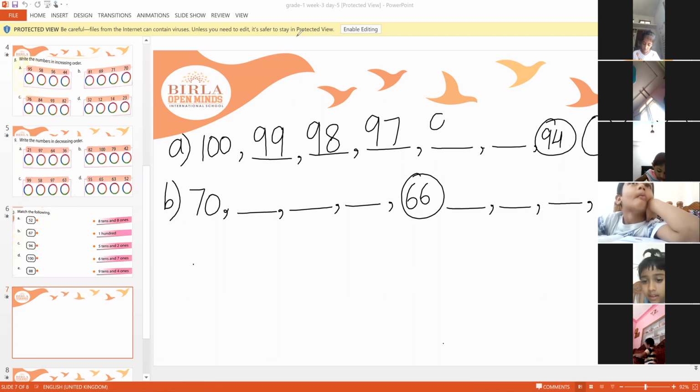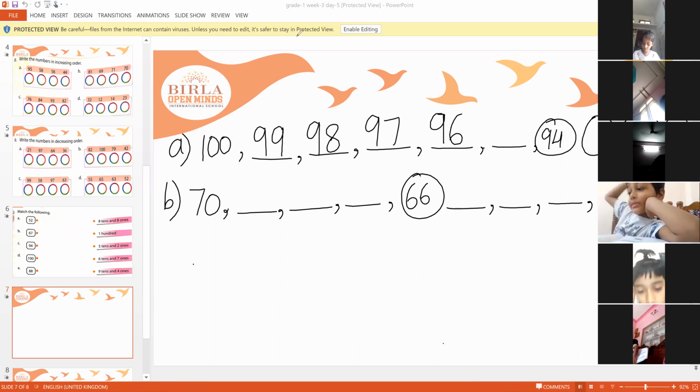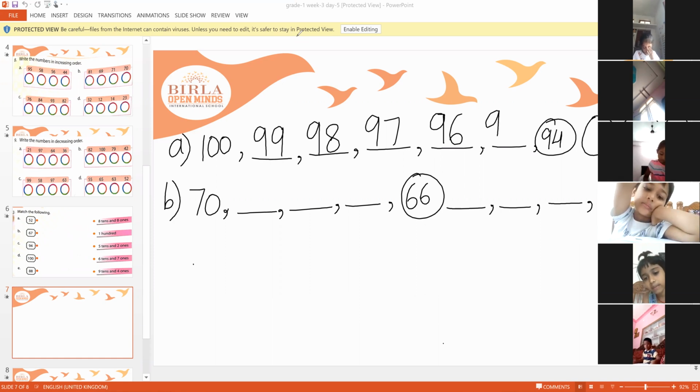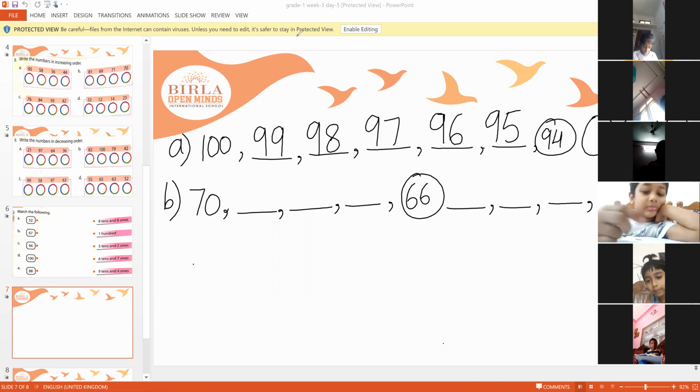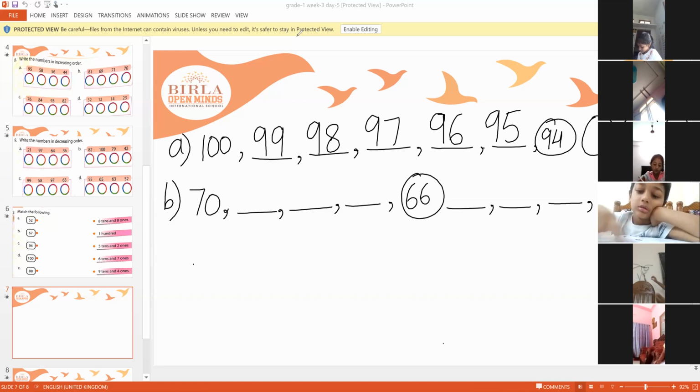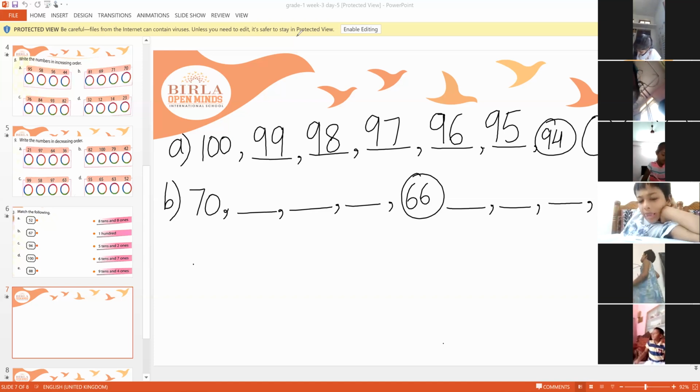And before 96, what comes? Tell me fast. 95. Very good, Ashrita. Arhan Mohammed, unmute yourself and tell me what comes before 94. What comes just before 94, Arhan Mohammed?